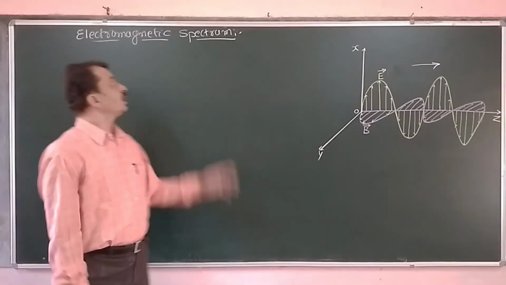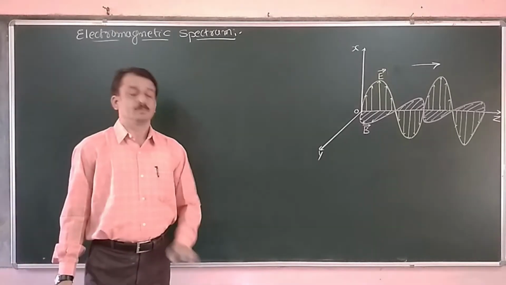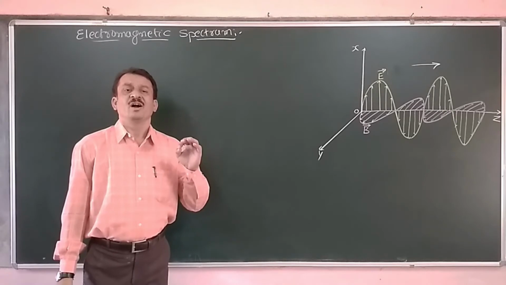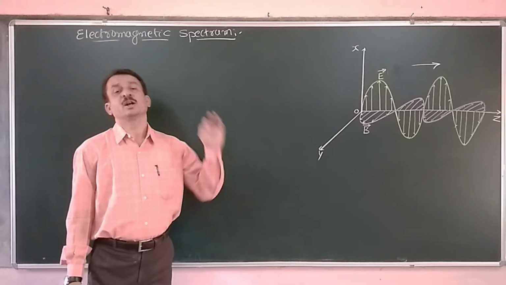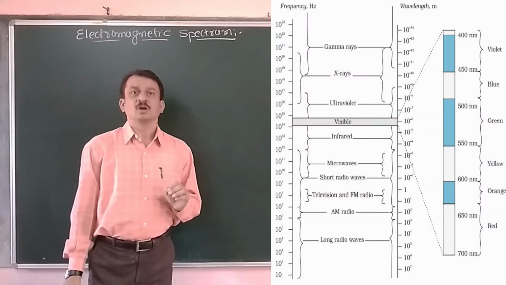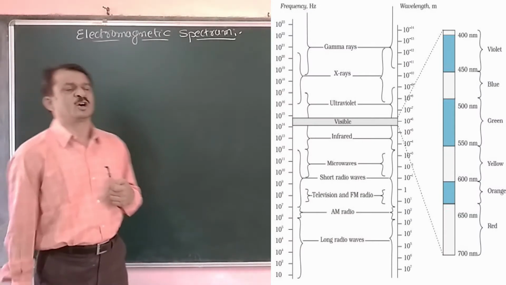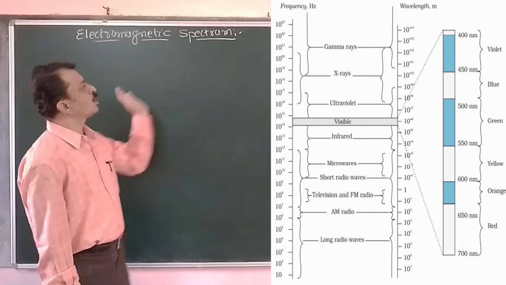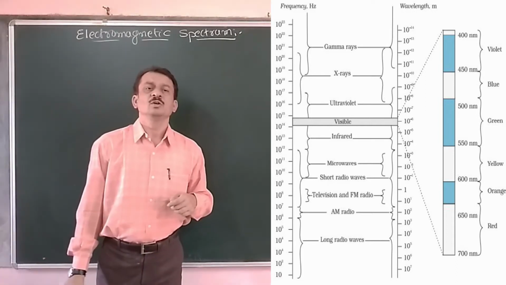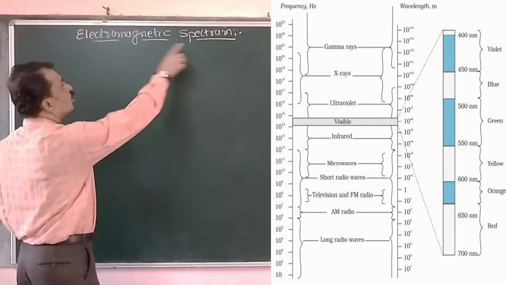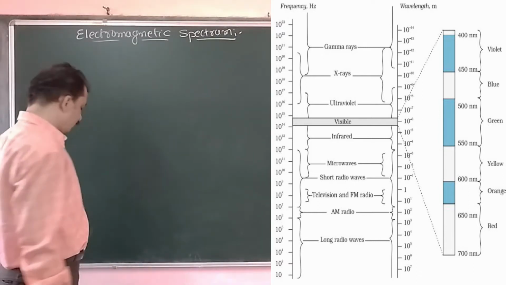Next, we study the electromagnetic spectrum. An orderly arrangement of all the electromagnetic waves according to their frequency or wavelength is called the electromagnetic spectrum.